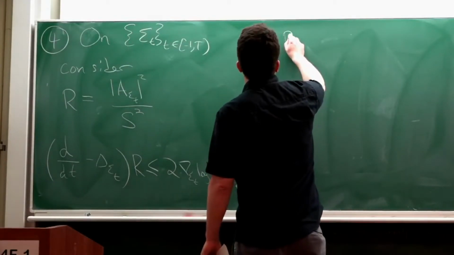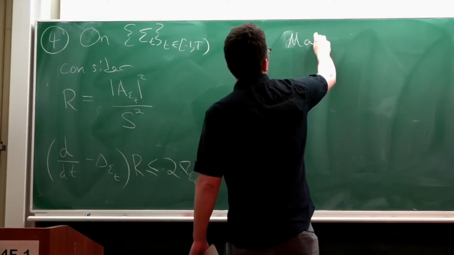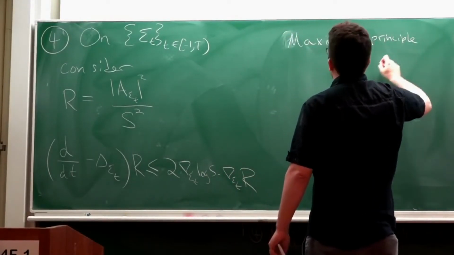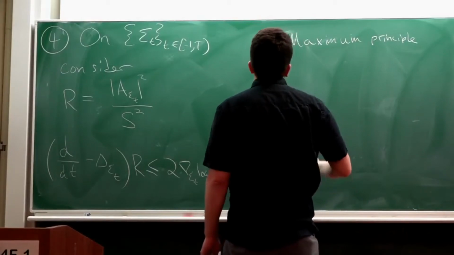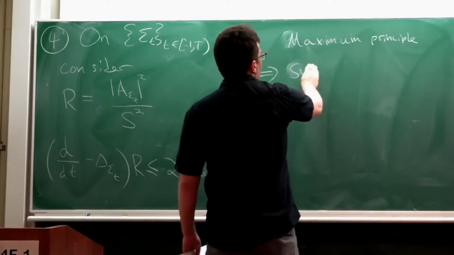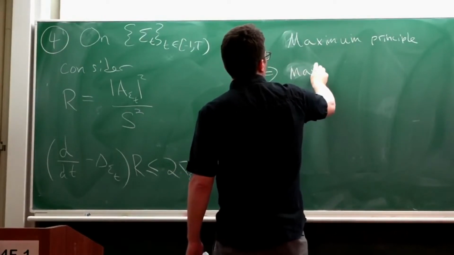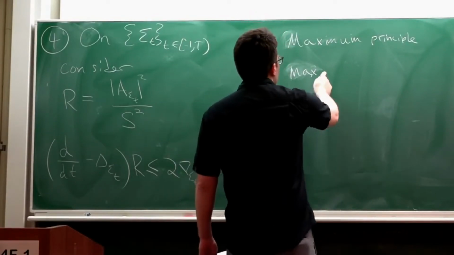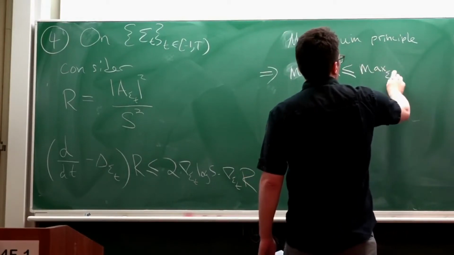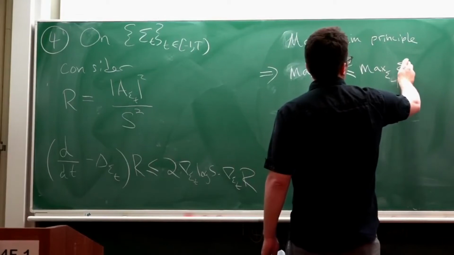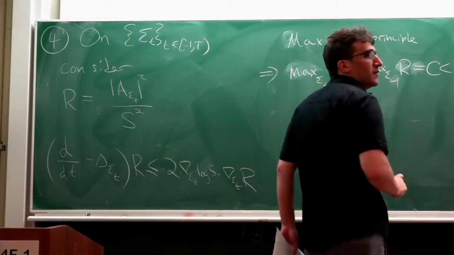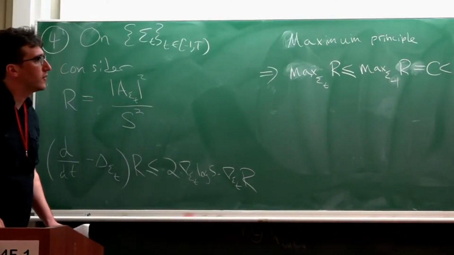Which again allows us to apply the maximum principle, though of course now the sign is reversed. So by the parabolic maximum principle, the max, because it's closed, over sigma t of this ratio R is less than the max over sigma -1 of R, which is just some finite number. It depends on the choice, but it's finite.